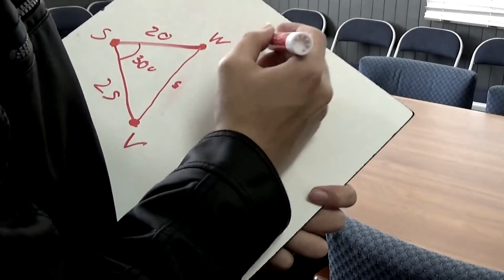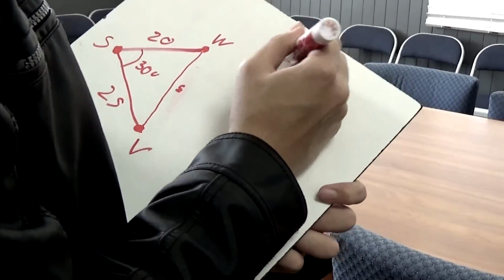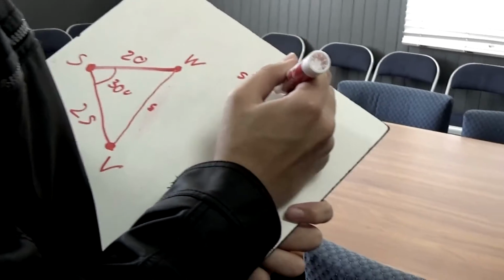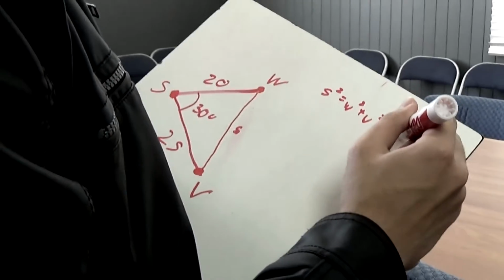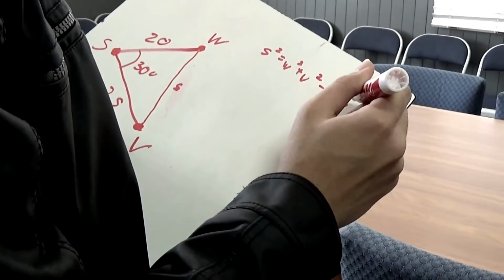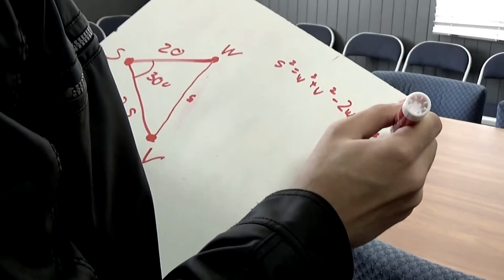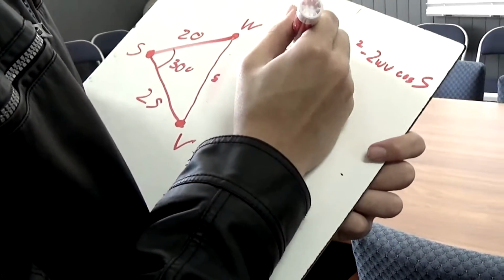So I'll just write down an equation first. S squared equals W squared plus V squared minus 2WV cosine S. Now, let's see. So let's just plug everything in.